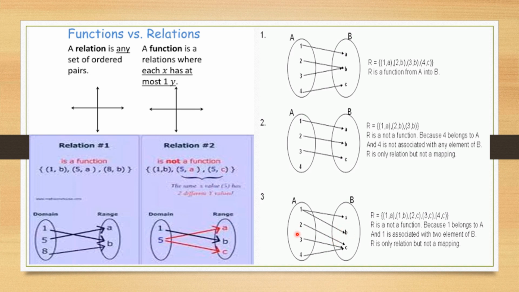It is okay that 2 to c, 3 to c and 4 to c are there; that was also in example number 1. Different domain elements can have the same image, but here for these two ordered pairs, the same first element has different second elements, and this condition says that it is not a function.